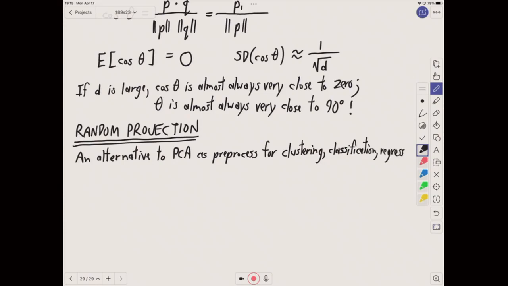So the idea is we are going to project down from maybe a million dimensional space to a 10,000 dimensional space, and then use that 10,000 dimensional space as the input for our clustering, classification or regression method. And the reason we do that is because it speeds up the algorithm a lot if it only has to work with 10,000 dimensional points instead of million dimensional points.